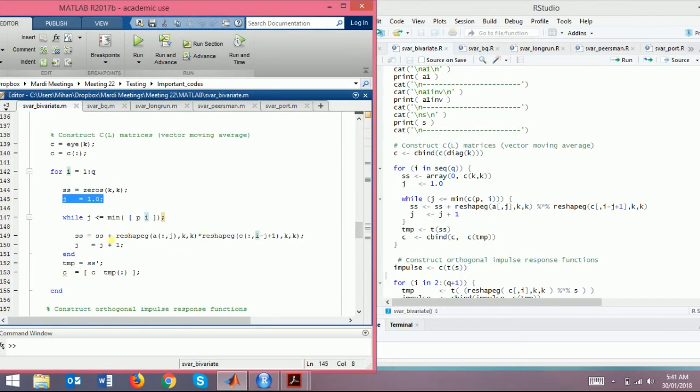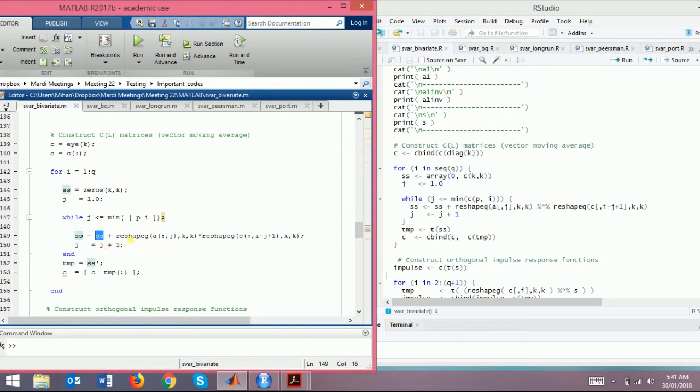Beautiful, right? J starts with 1 and j goes until you reach the number of elements equal to the autoregressive parameters. So as long as j is less than or equal to the dimension of pi, p rows and I columns.